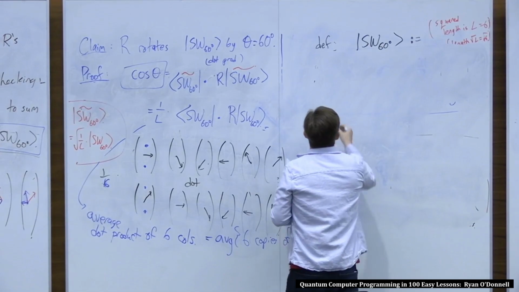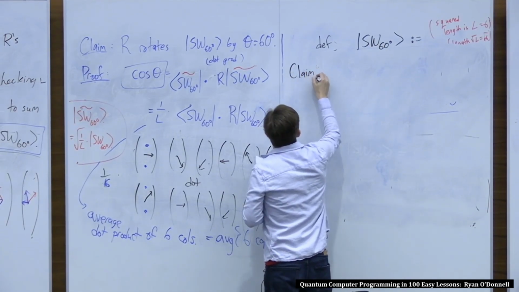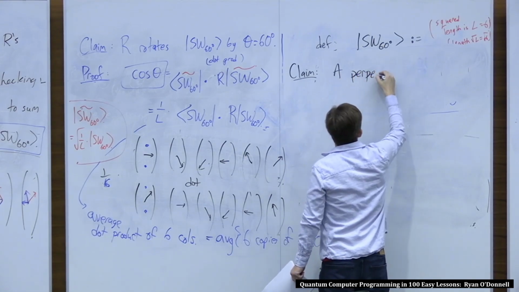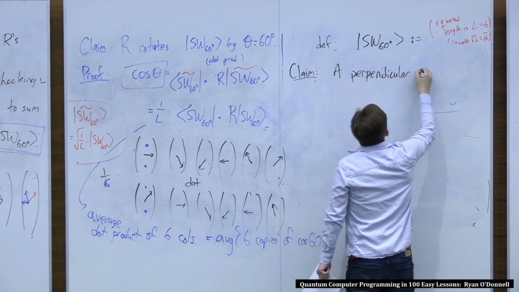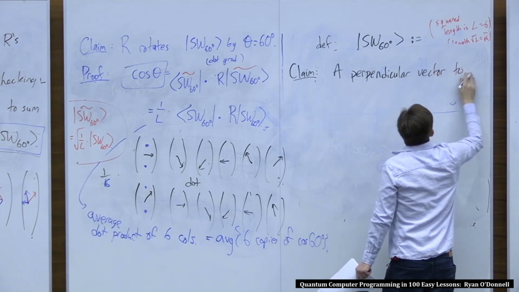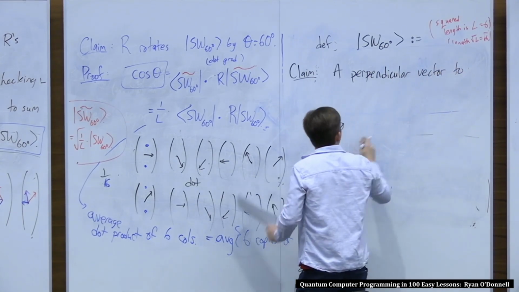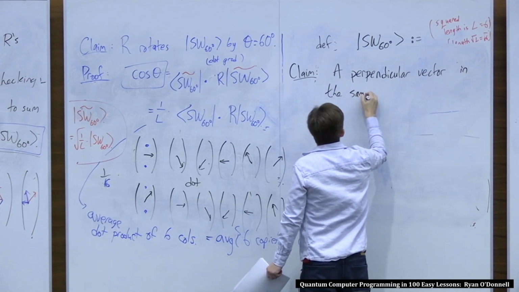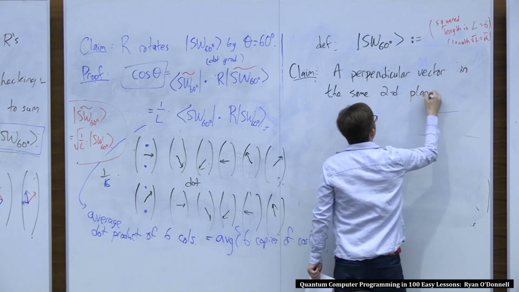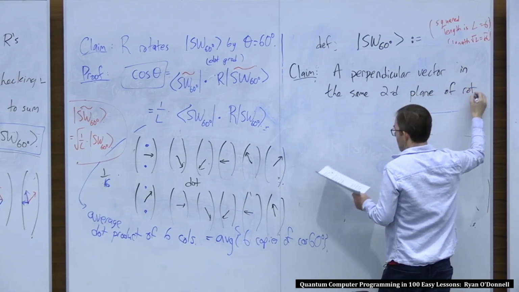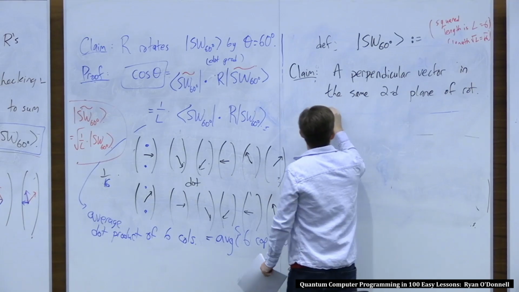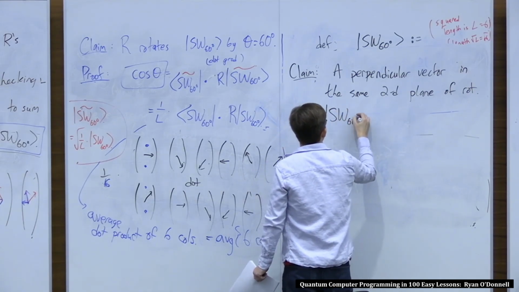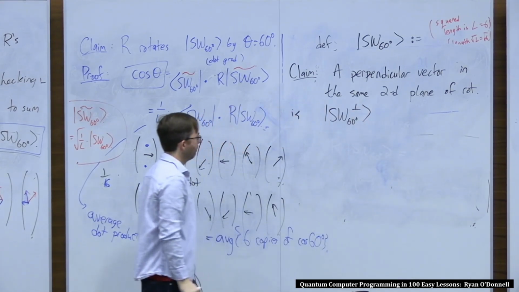So here's a claim. A perpendicular vector, perpendicular to this, in the same 2D plane of rotation, is this one, which I'll call SW 60 degrees perp, bottom.